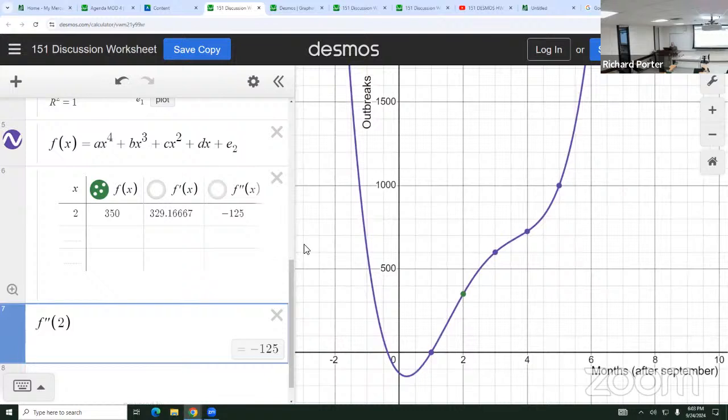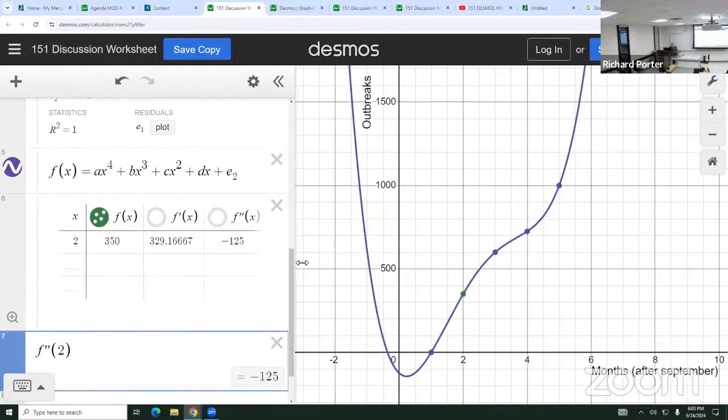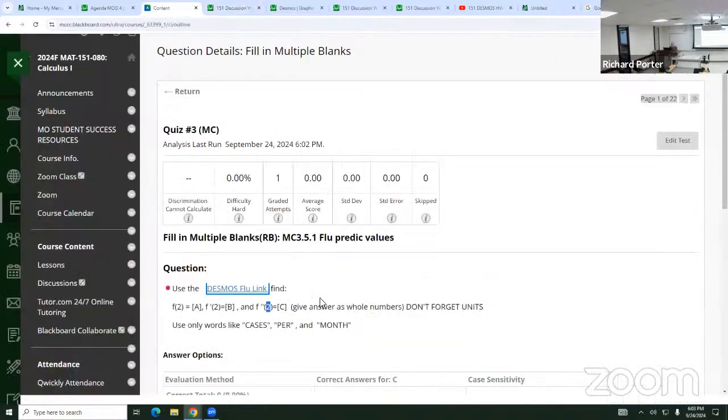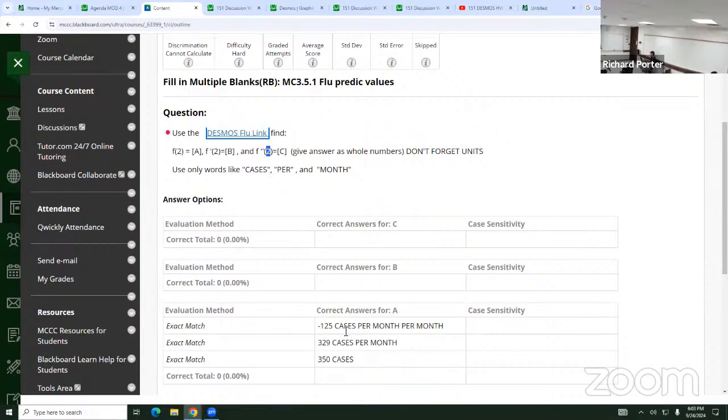No questions on that? So it's 350, 329, minus 125. I got that answer correctly, but that's wrong. Did you write cases per month, and cases per month per month? So the first answer, the 350, is going to be cases.